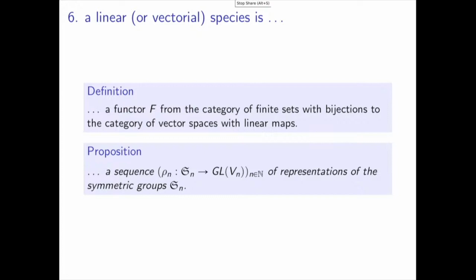If you look at representations, you get functors from the category of finite sets with bijections to the category of vector spaces with linear maps. It would be nice to have this in Sage also, although I admit I don't have that many applications for this. So here the question is also, do we have really interesting applications?